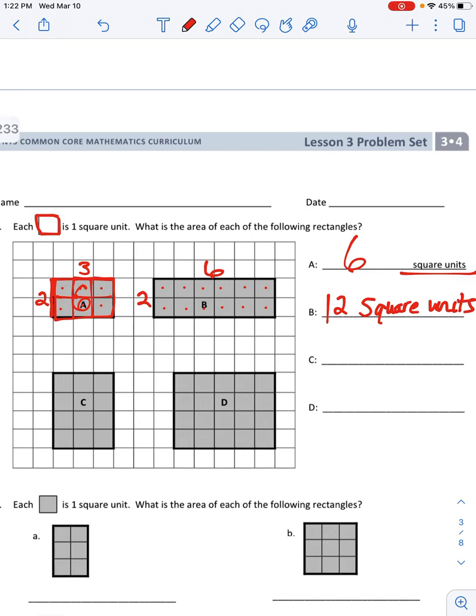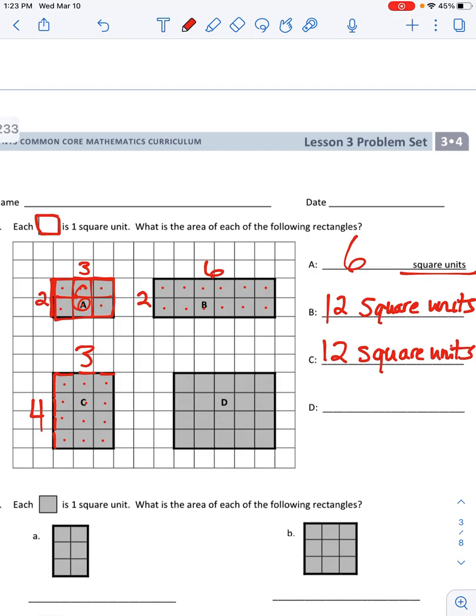Letter C. 1, 2, 3, 4, 5, 6, 7, 8, 9, 10, 11, 12. 12 is my area of rectangle C. I also could have said, okay, this is 1, 2, 3, 4 for my length, and my width is 1, 2, 3. 4 times 3 is 12. So again, 12 square units.